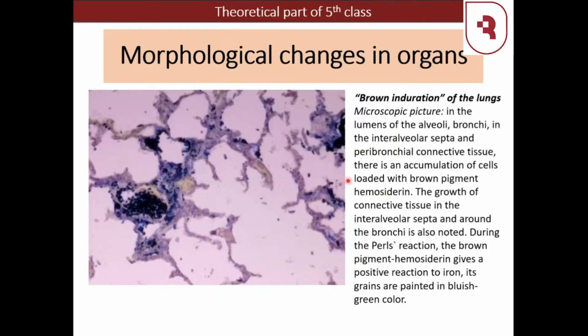Histologically, we may also see brown induration of the lung, and here we use a special reaction. I hope you remember this slide from our third lecture about mixed degeneration. We use the Perls reaction, and hemosiderin becomes green-blue. And here we may mark it.